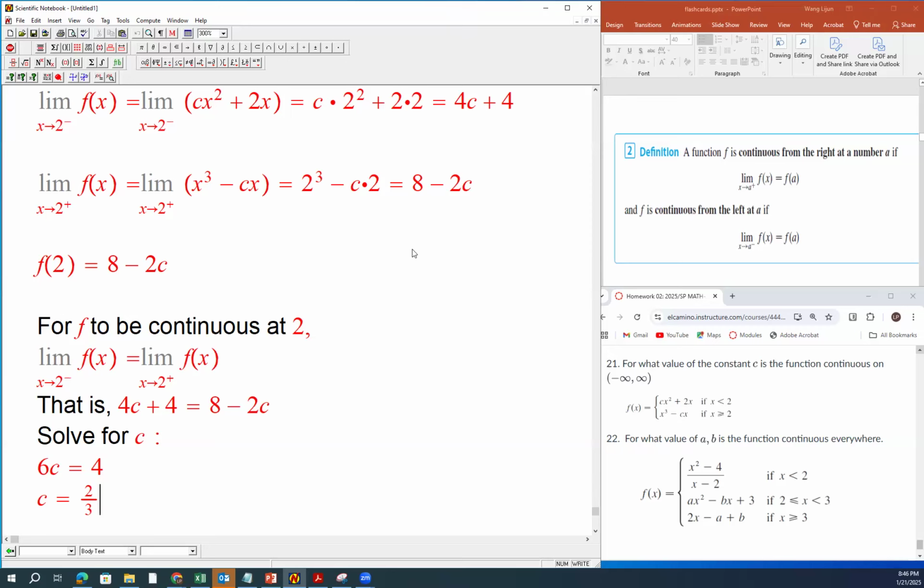Let's double check. We're finished after this question. Left limit, 4c plus 4, and 8 minus 2c. 4c plus 4 equals 8 minus 2c, so that's going to be 6c, because we're adding 2c on both sides, and minus 4 on both sides we get 4.